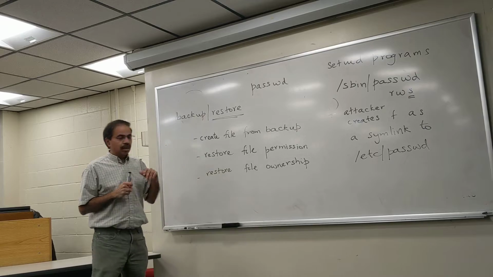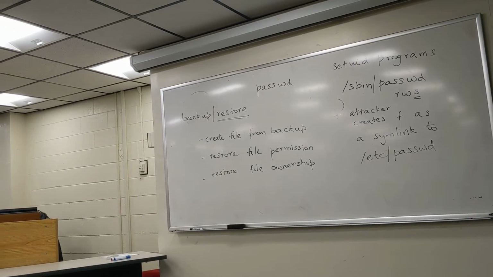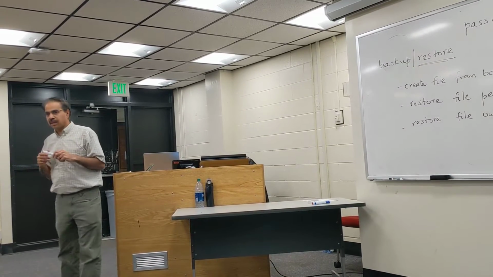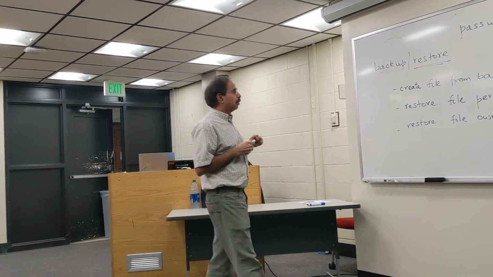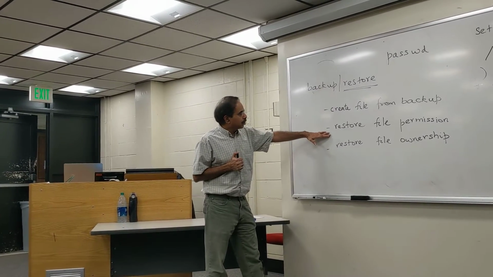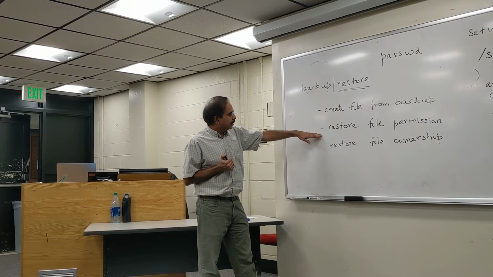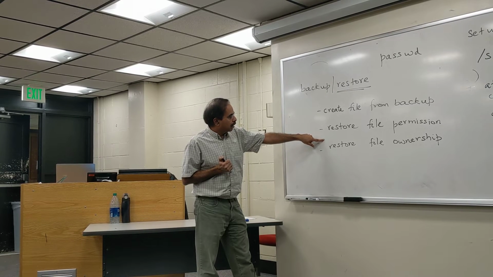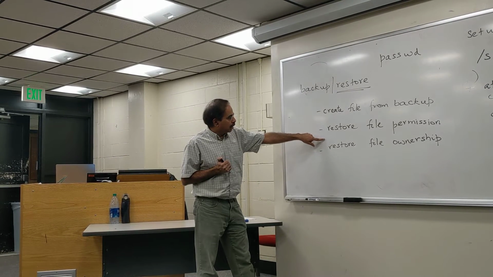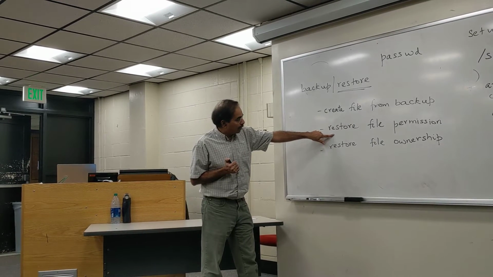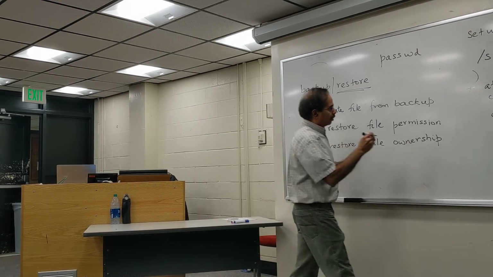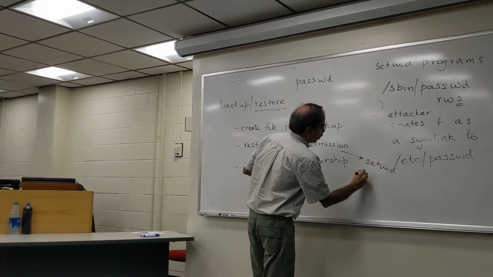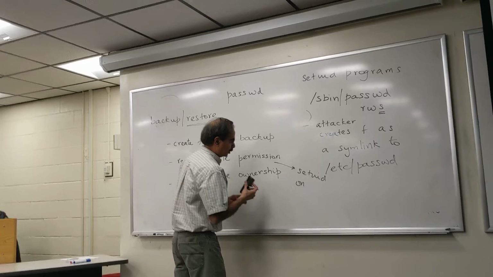Suppose the attacker backs up a program that has a setuid permission. So then what can happen is that at this point, the setuid permission on the file is restored.